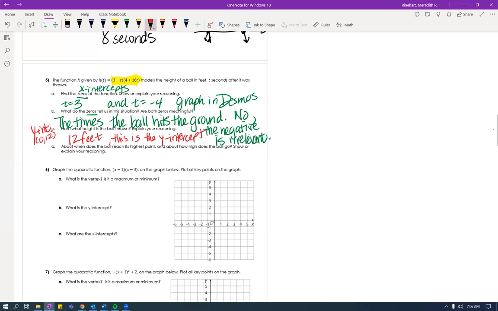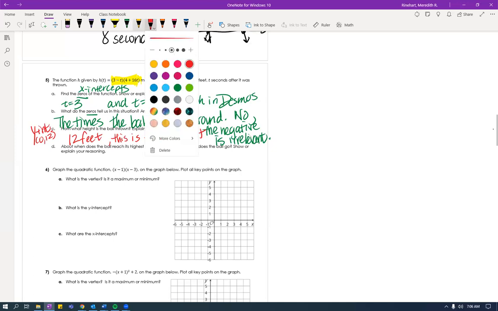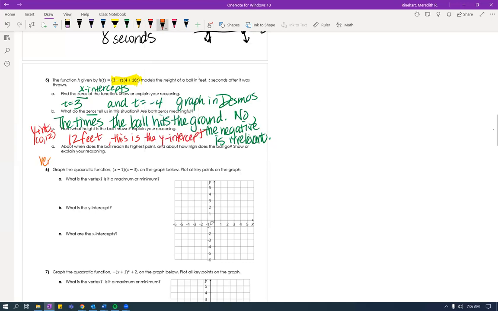About when does the ball reach its highest point, and about how high does the ball go? So if we look for our vertex here, let's go to the vertex of our graph, which is going to be our maximum on our graph, because our graph is concave down.